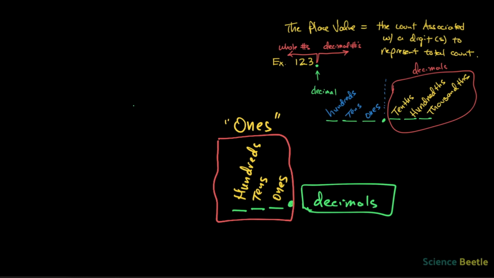The next grouping over is going to be the thousands. Because remember, once we get to 9 of the hundreds, then at that point we have to go to the next level. The next level up here is going to be called the thousands.